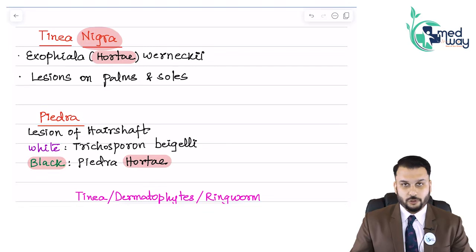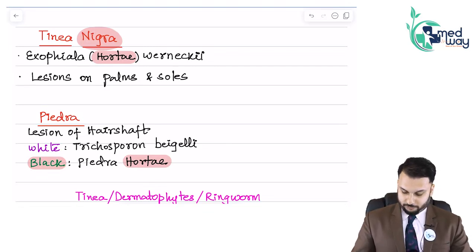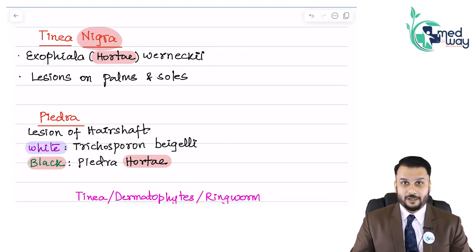Okay, so you're sorted with this. Now, if you want a mnemonic for the white one, remember when there are thunderstorms and you see lightning, what's the color of lightning? It is white. And I hope you remember that lightning is called bijli. Okay, we can simply remember it like that.